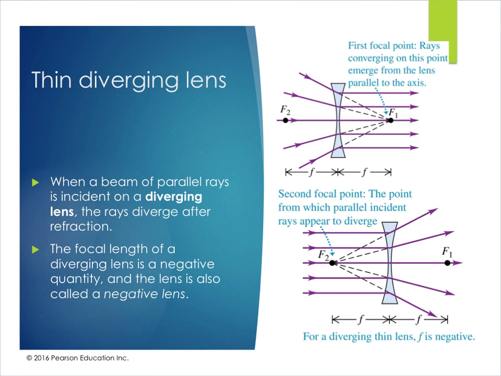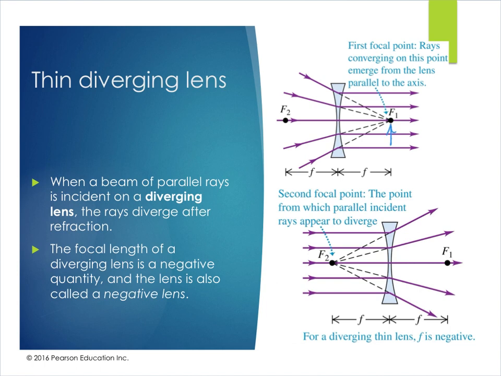We're doing the same thing here with the diverging lens. For the first picture, this might be kind of tricky, but because the focal point for the left-hand side of the lens is actually located on the opposite side, we draw the light rays as if they were going to pass through this point, F1, right here.